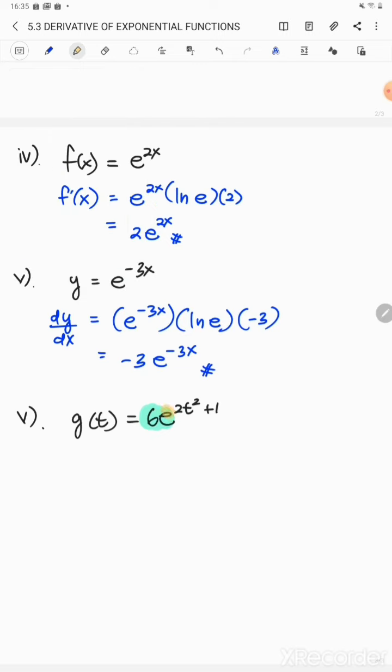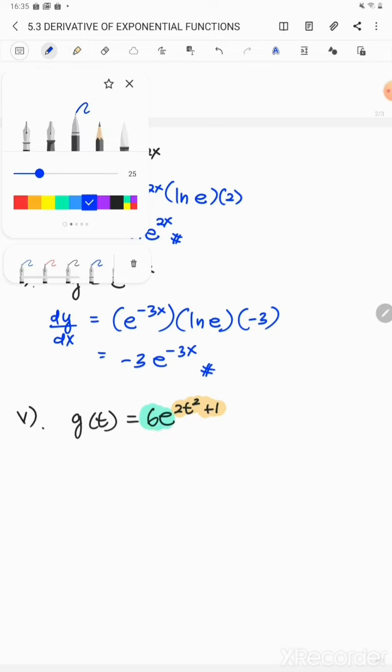Don't forget, our variable is 2t square plus 1. Most students get confused because we have 6e, and the student only takes e. The student is confused with the value e power of 2t square plus 1. So this one will be our constant 6.